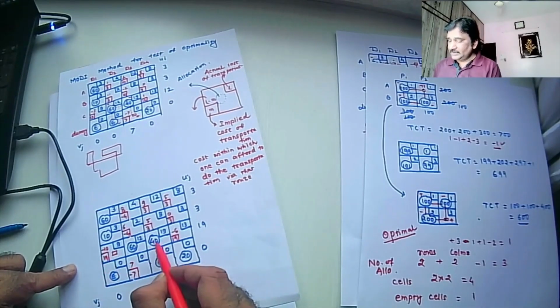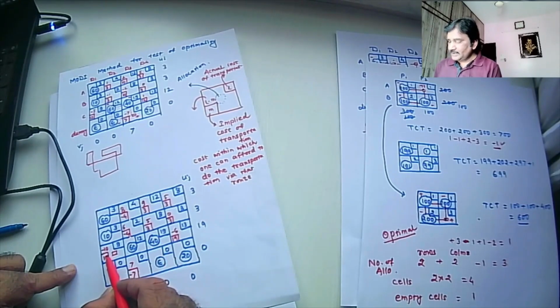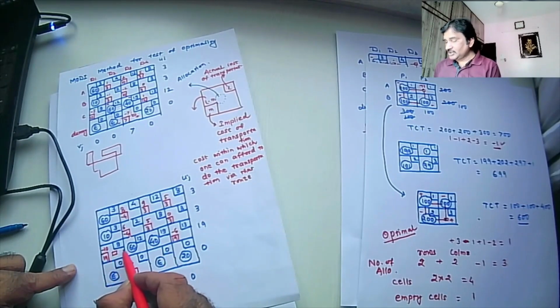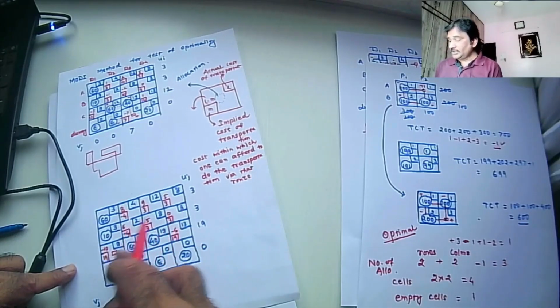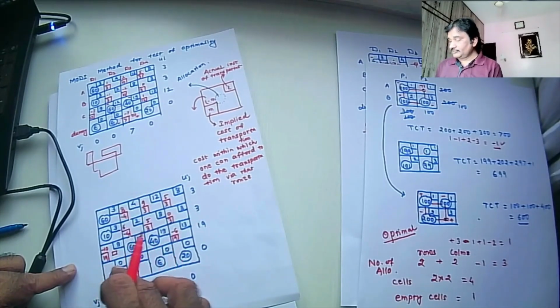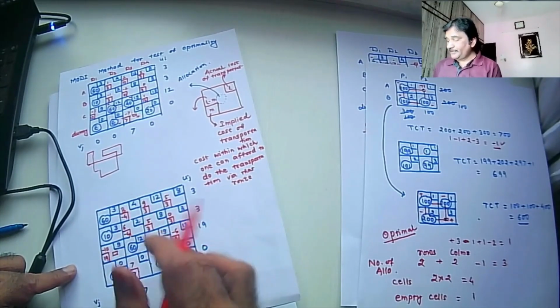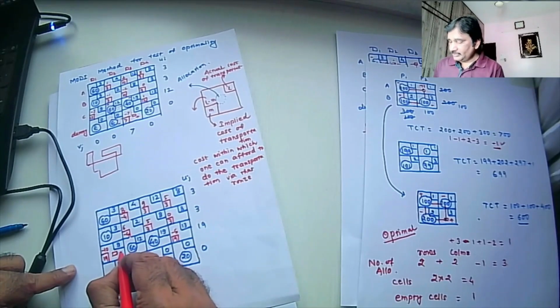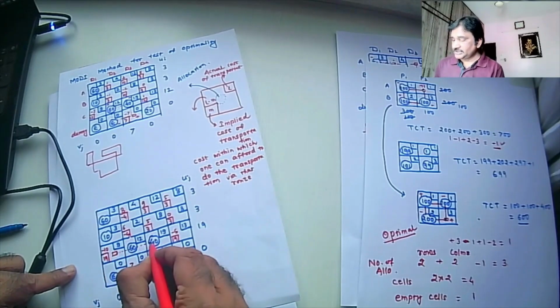From here, you will be going here, then to here, and then to here, and then to here. Obviously, you will take a chance of going here, and then you will go up and down because you do not find any allocation where you can go. You prefer to go over this allocation to this one.